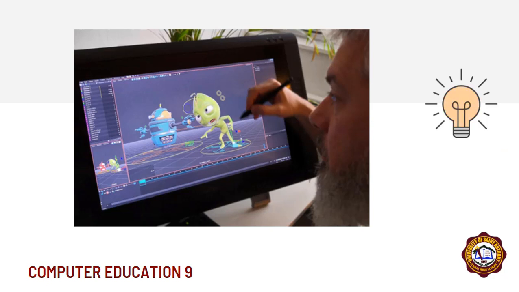So, usually, they use computer, like literal na computer, mga PC. They also, some also have their tablets, and they install some applications used for drawing. Less paper na.